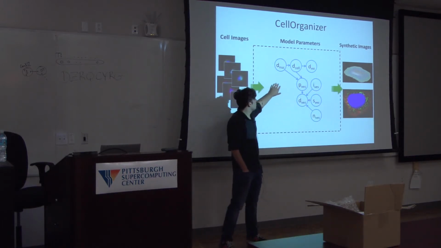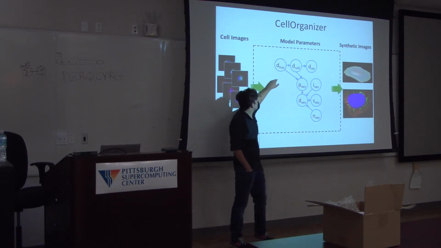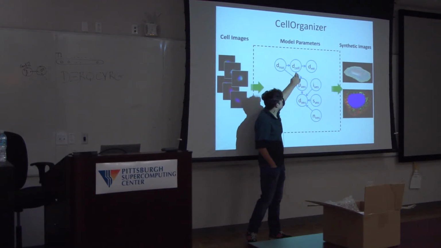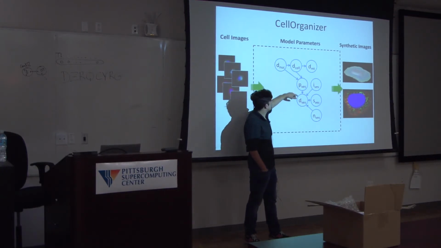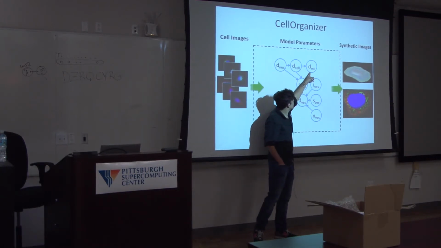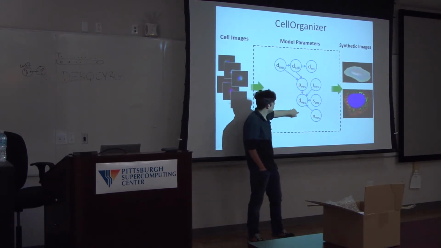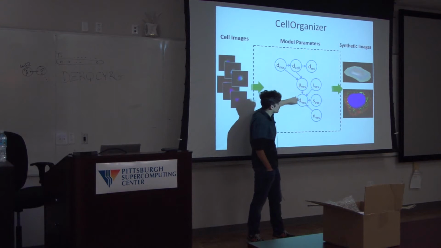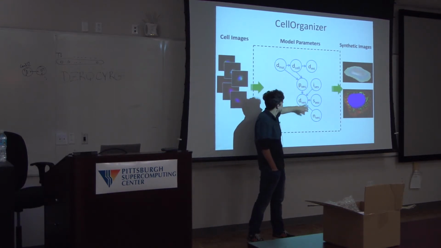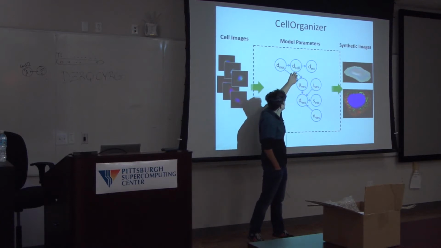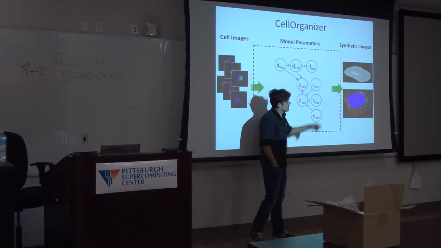Here I'm showing the relationships such that we generate a nuclear shape. Cell shape would be dependent on the nuclear shape. Microtubules would be dependent on both the cell and the nucleus. And then vesicular compartments, or punctate compartments, would be dependent on only the nucleus and the cell shape.